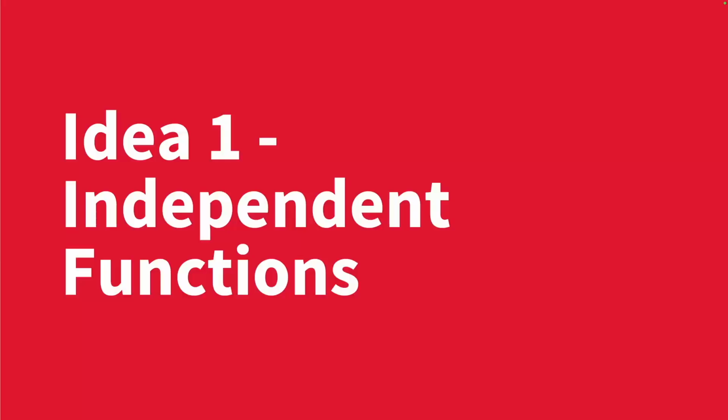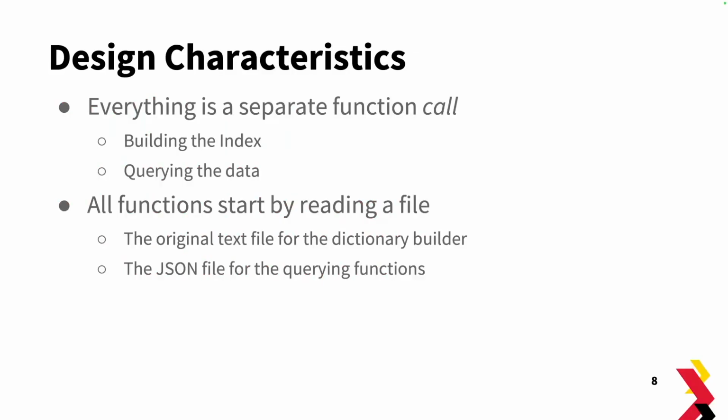Let's start with idea 1, which is totally independent functions. There's 2 important characteristics of this. Everything is a separate function call. So you build the index by the user manually calling the function, and you query the data with the user manually querying the function.